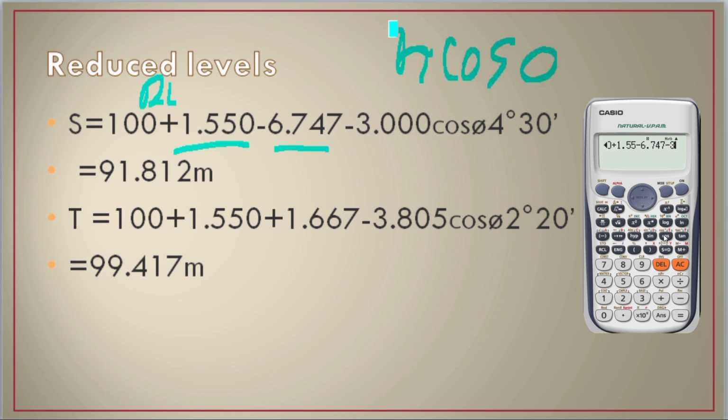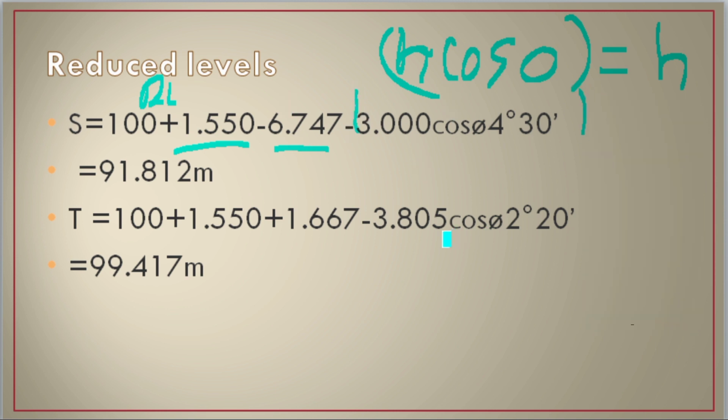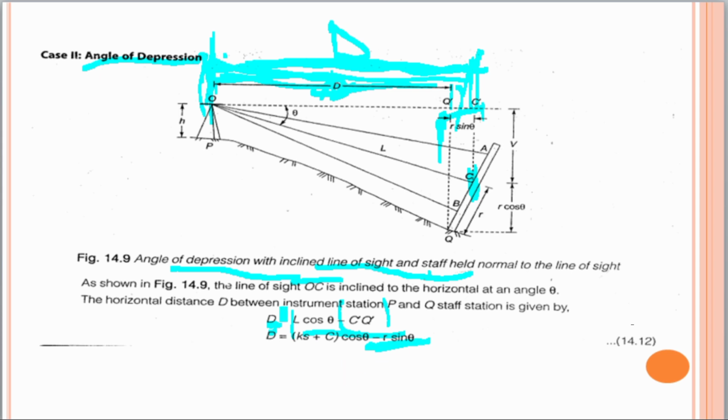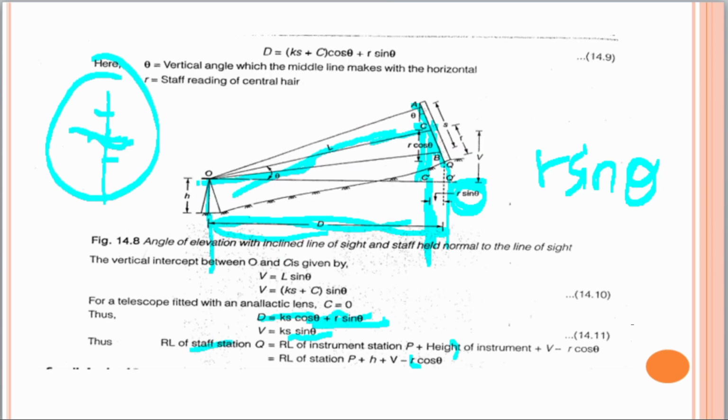So this H cos theta replaced the H that we had previously in all our calculations of the vertical, and the staff being held vertical to the line of sight. So this is where our replacing mainly is, and that is found in both our tests.